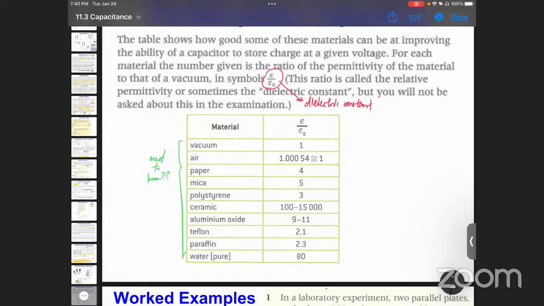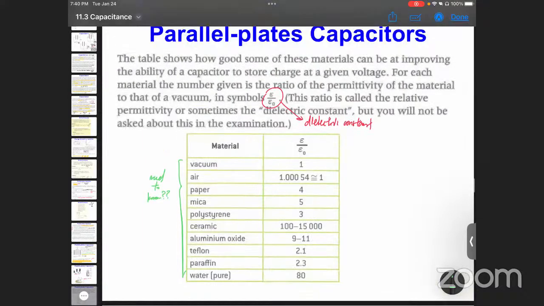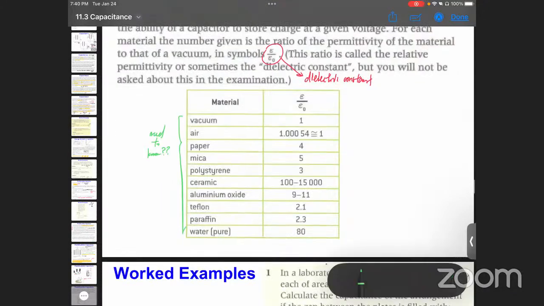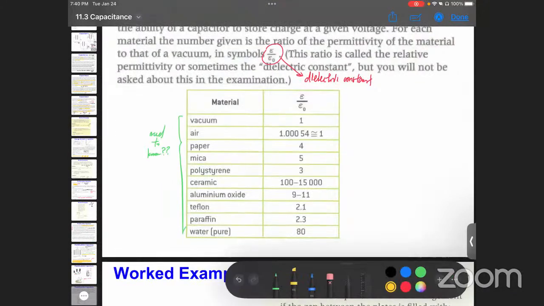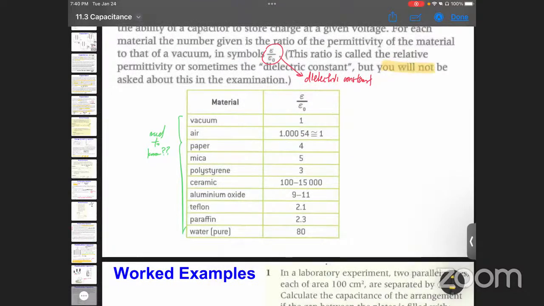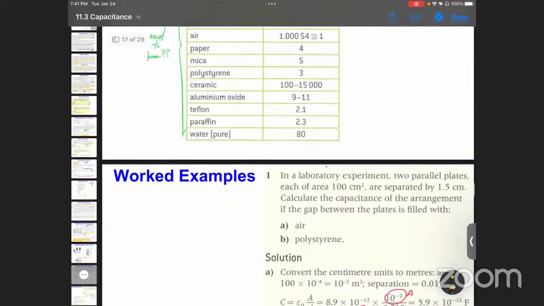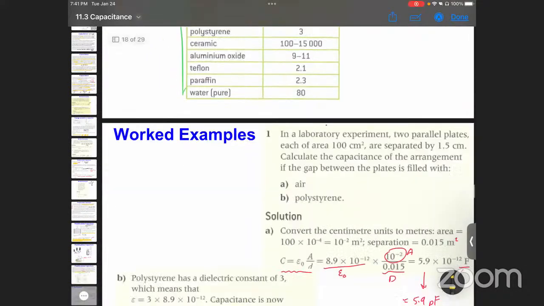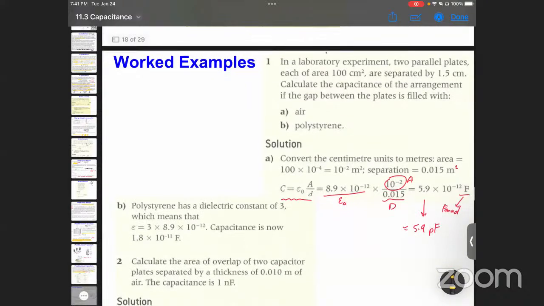But you will not be asked about this in the examination. We probably stop here. You try the work example again, it's not going to be difficult. Yep, tried it already, it seems.